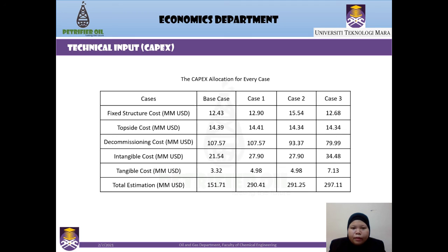From this table of capital allocation for every case, we can see that the base case has a total estimation of $151.71 million, case 1 $290.41 million, case 2 has a total estimation of $291.25 million, and case 3 $297.11 million. From this CAPEX, we can see that the base case has the lowest total estimated cost.